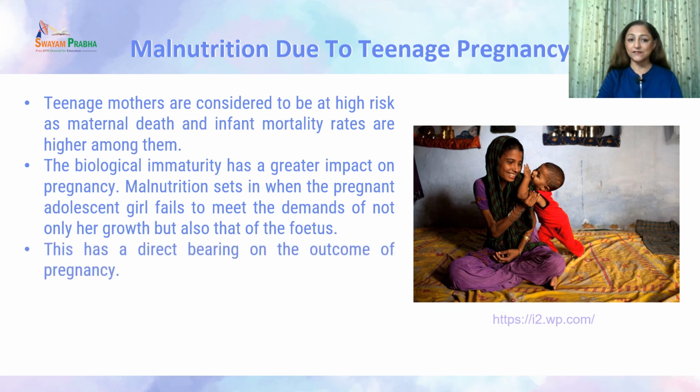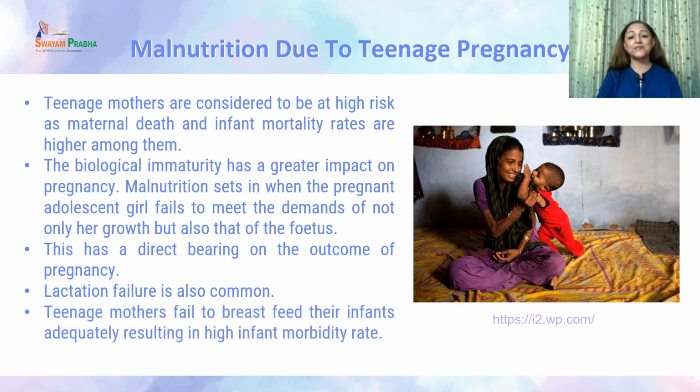And it has a direct bearing on the outcome of pregnancy. Lactation failure is also common among such cases. Teenage mothers fail to breastfeed their infants adequately. This results in a high infant morbidity rate.